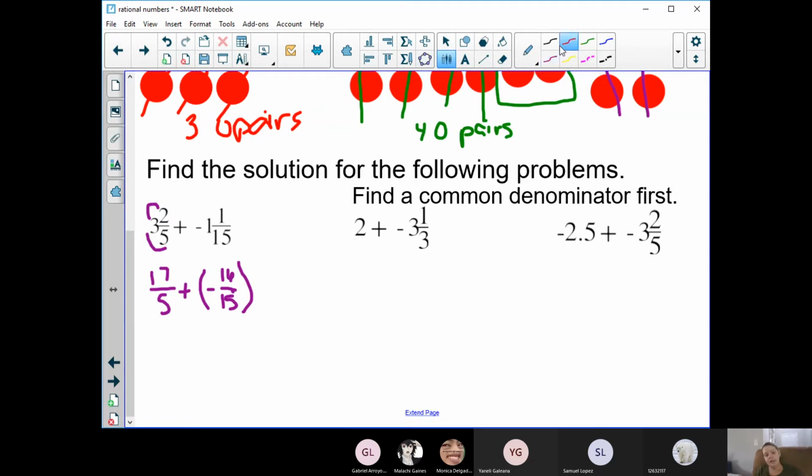If I look just at 5 and 15, what is a common denominator that I can use for those two numbers? 15. So when we're looking at common denominators, we're looking at the least common multiple, okay? So the least common multiple that they have is 15, okay?